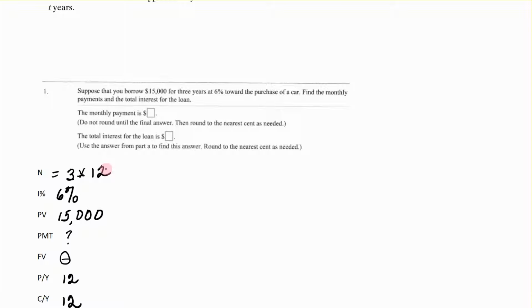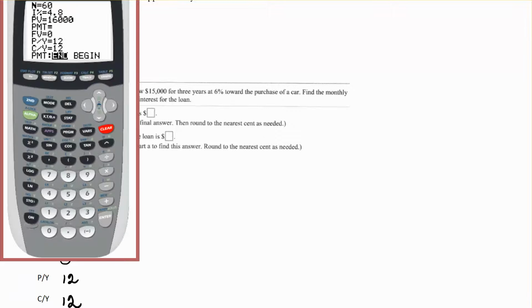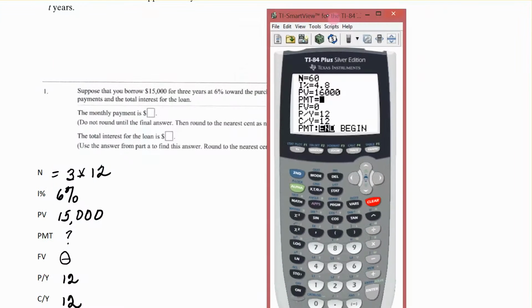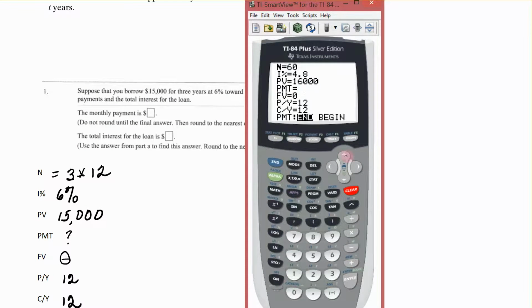All right, let's solve for payment. Let's see what it does. Remember, it won't let you move off of something that's blank. All right, so N is 3 times 12, or you could have just put 36. Interest rate, 6%.